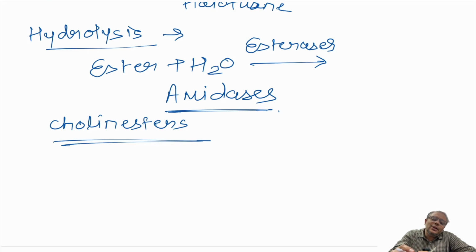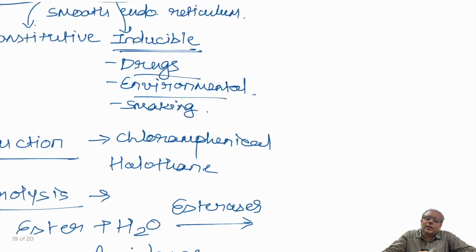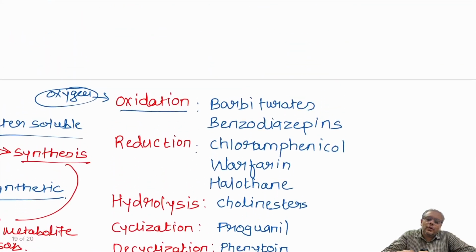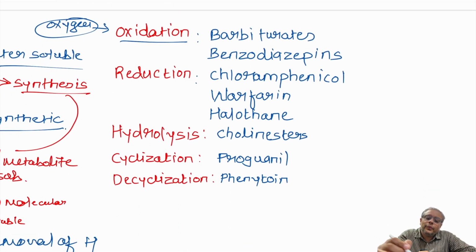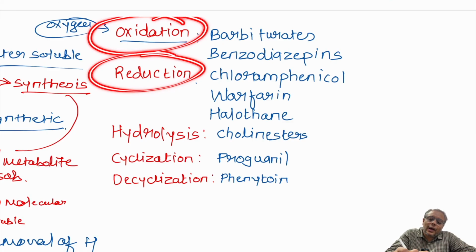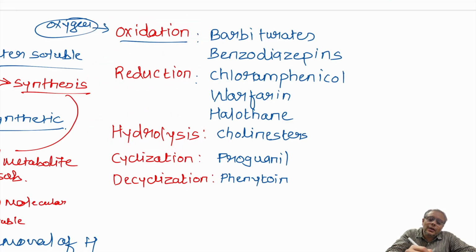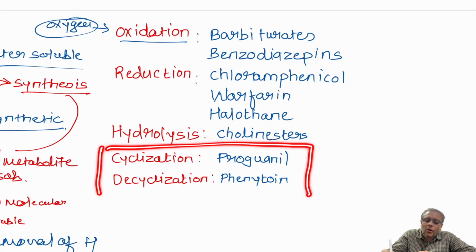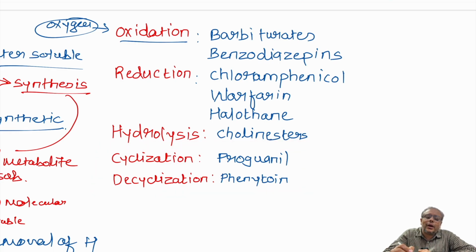Now these three are the principal reactions: oxidation, reduction and hydrolysis. Again, oxidation is the most common. And as I told you, you should remember the examples. In oxidation, barbiturates and benzodiazepines; reduction, chloramphenicol, warfarin, halothane; hydrolysis, cholinesters. And there are two reactions which are not clinically significant.